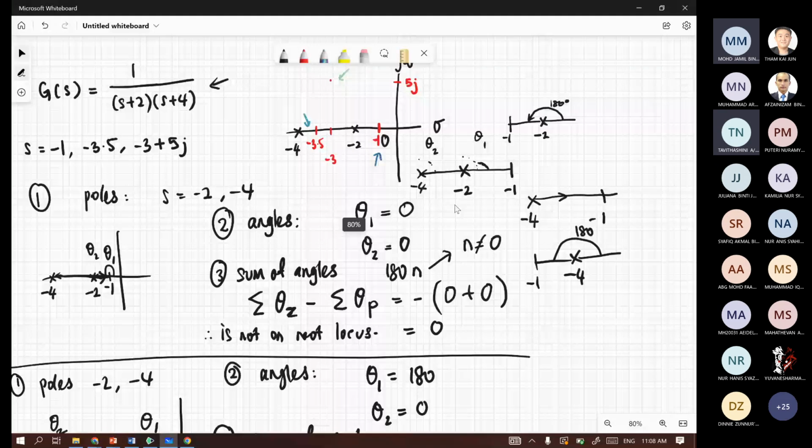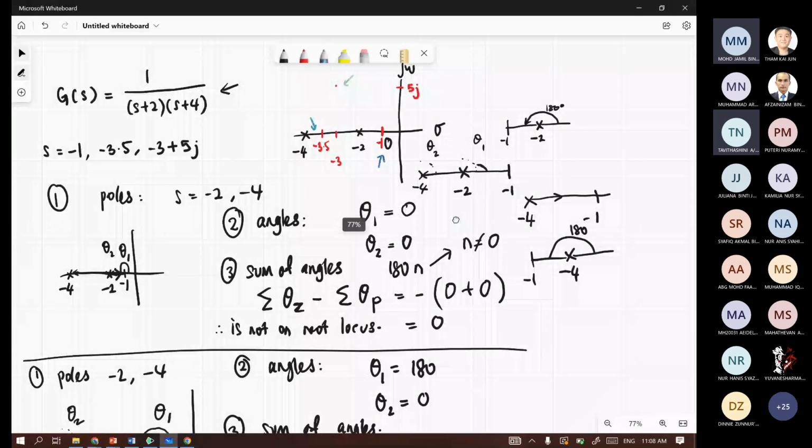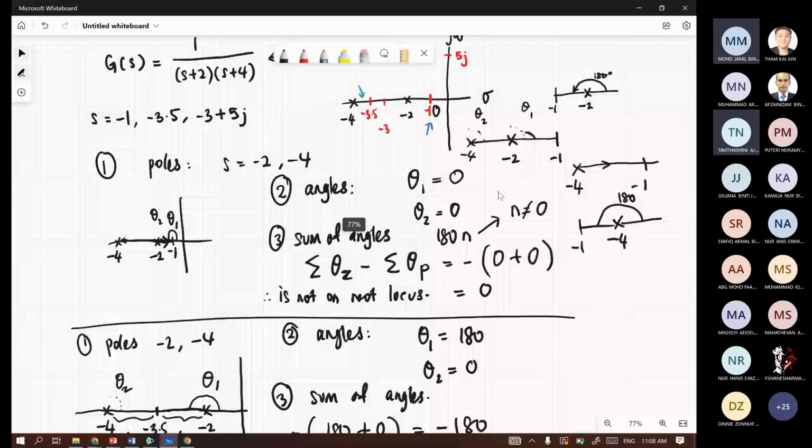Okay, so try to understand how to measure the angle, to calculate the angle, and to calculate the length, because from lecture 4 later, there will be a lot of calculation involving calculating the angle and the length, and you might get confused. And in lecture number 5 later, it will also involve calculation of length and angle again.